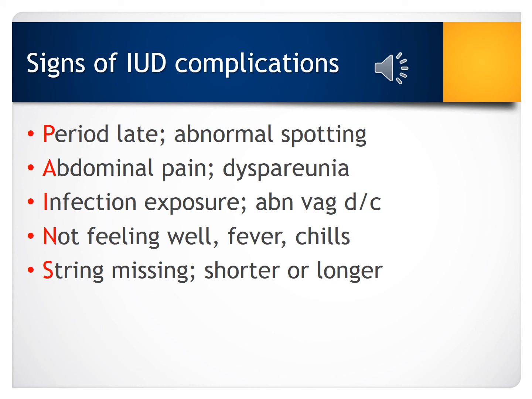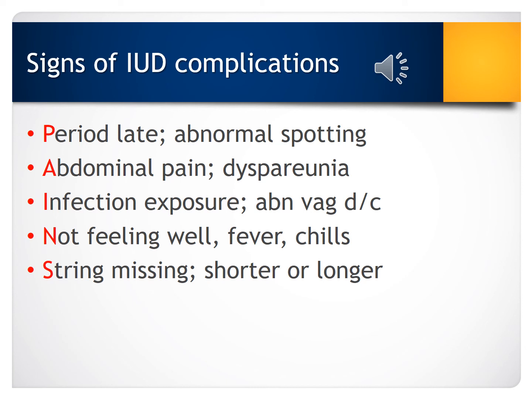Just like with the oral contraceptive pills, women who have IUDs inserted also need to be counseled on signs and symptoms of complications that need to be addressed immediately. And we use the acronym PAINS. If a woman is still having her menses with an IUD, for instance, if she has the copper IUD inserted, if her period is late, or if she's having some abdominal spotting in between her periods, she should notify her provider.